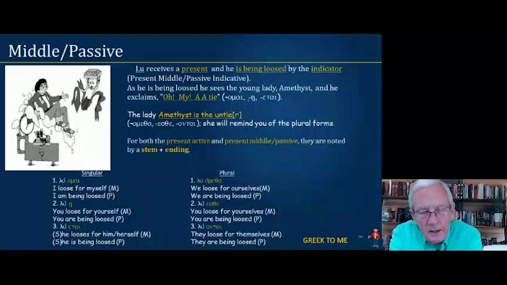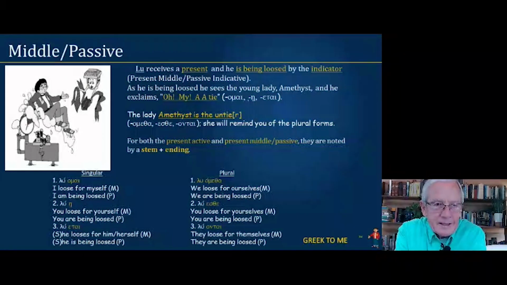So here we have the present middle passive indicative of luo. Let's look at the bottom there. We have the singular and the plural forms. Let's pronounce. Luomai, lueai, luetai. Plural, luometha, luesthe, luontai. One more time.